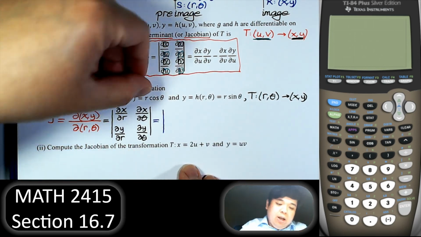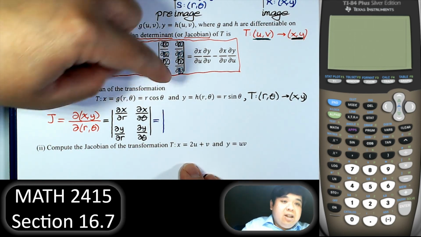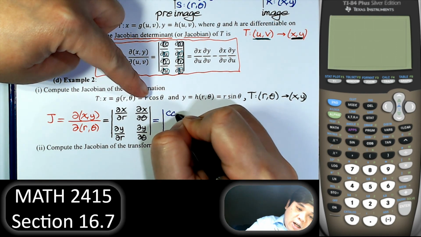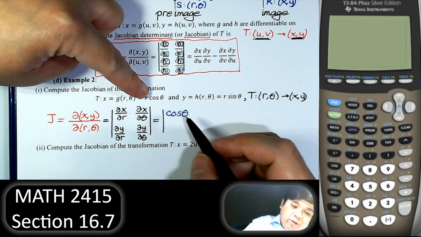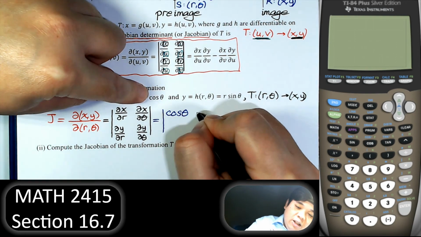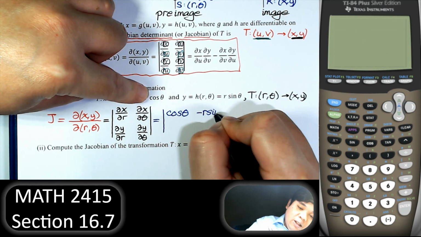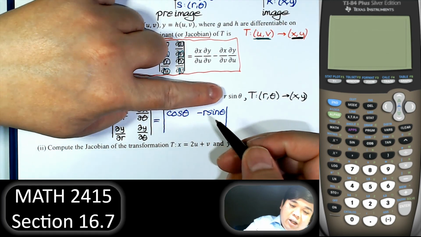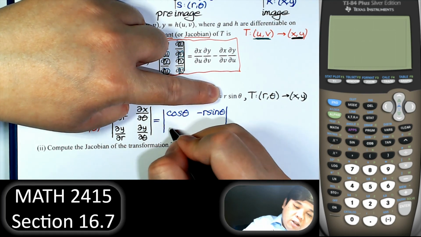Right? Derivative of this with respect to r is just cosine theta. Derivative of that with respect to theta is negative sine, so negative r sine theta. And then y, derivative of y with respect to r is sine theta.